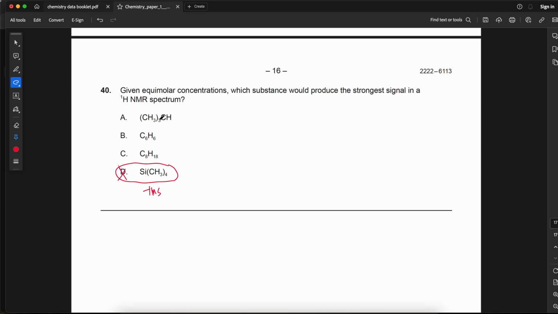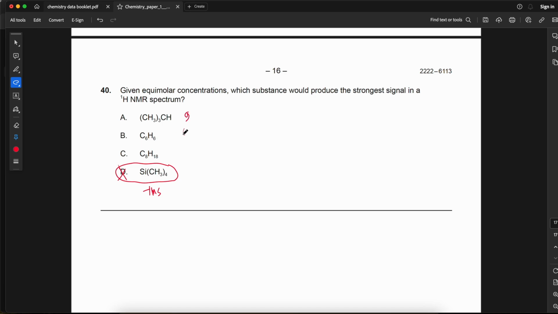If you check the first one, it has CH3 and CH. Of course, the CH3 groups are equivalent, connected to the same C, so you will have 2 peaks. And B, C6H6 contains 6 equivalent hydrogens, producing a moderate peak.